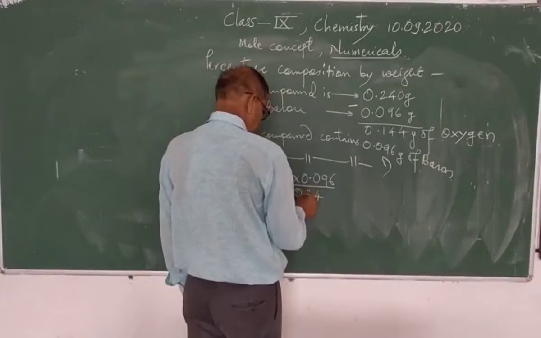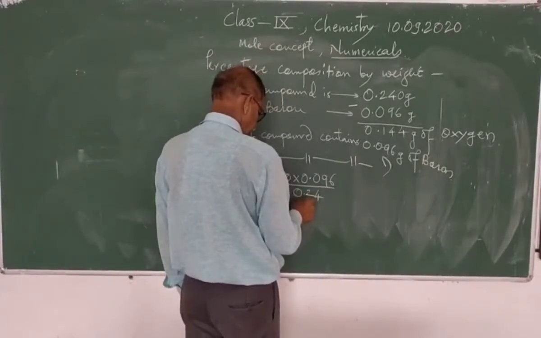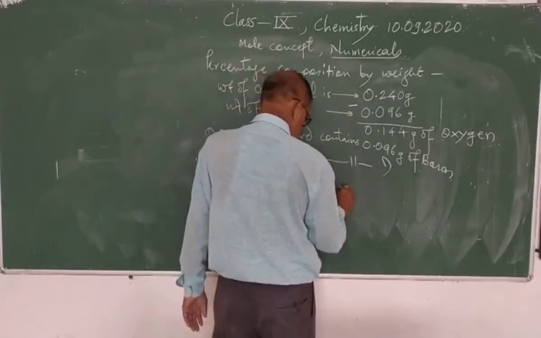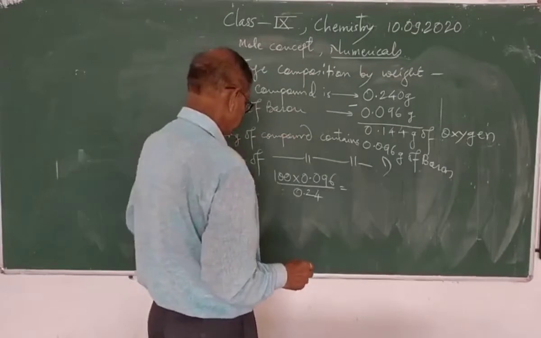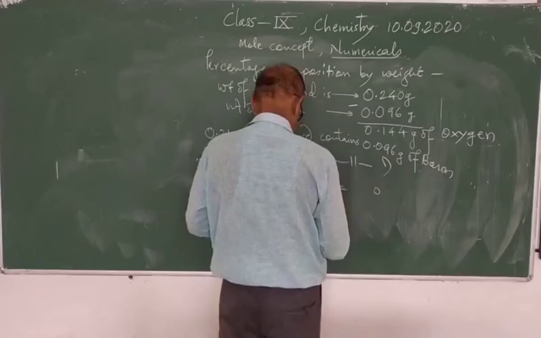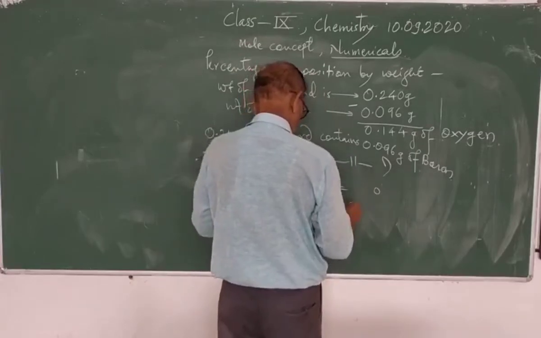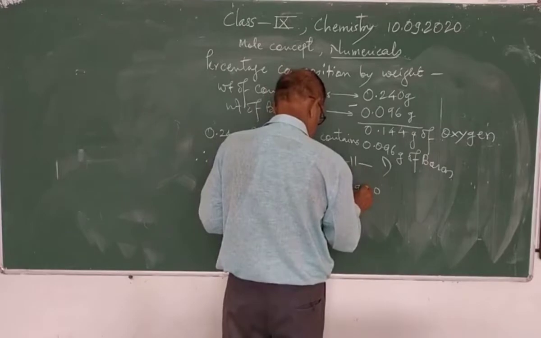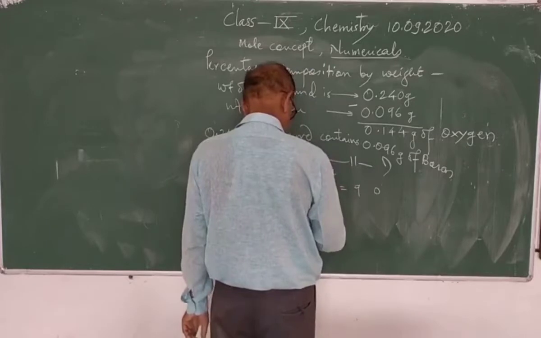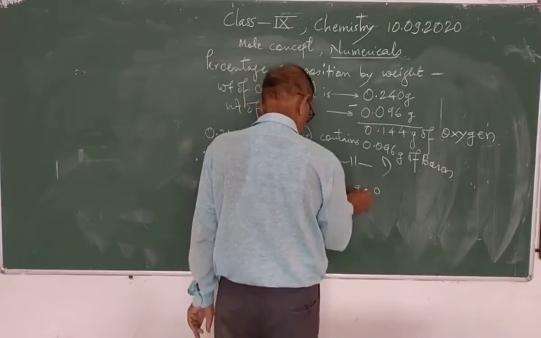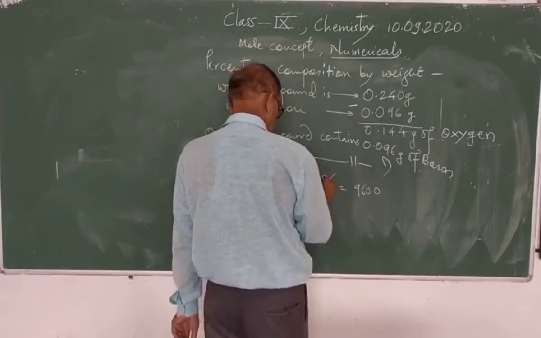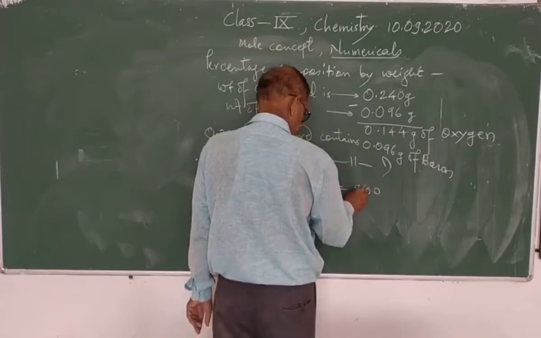So see here, if you multiply 100 by 0.096, it will be 9.6.